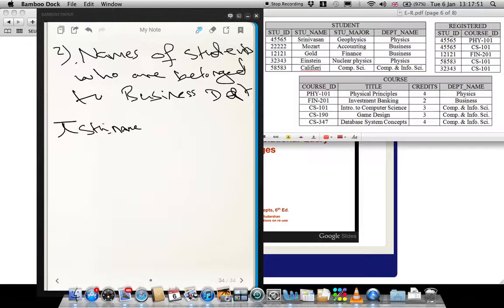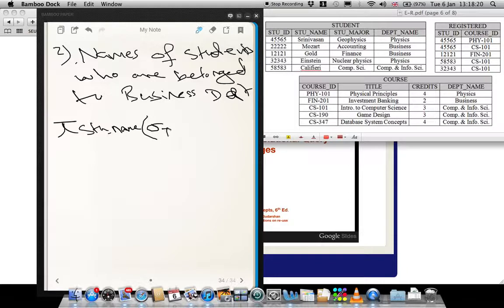Then we need to compare the tuples. We listed all the names, and now we need to compare each name against the department. So now we start looking at the rows. When we look at rows, we do selection, so we use our sigma.